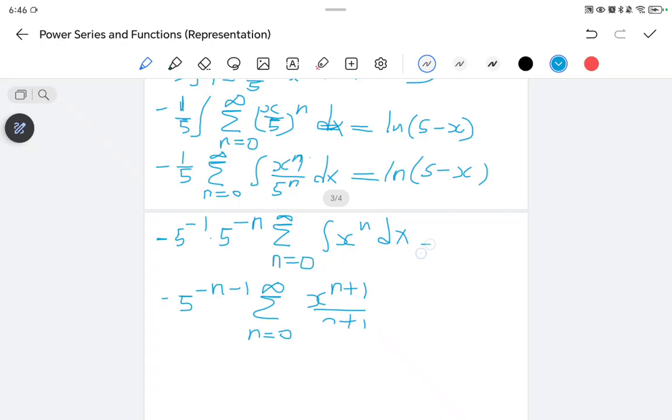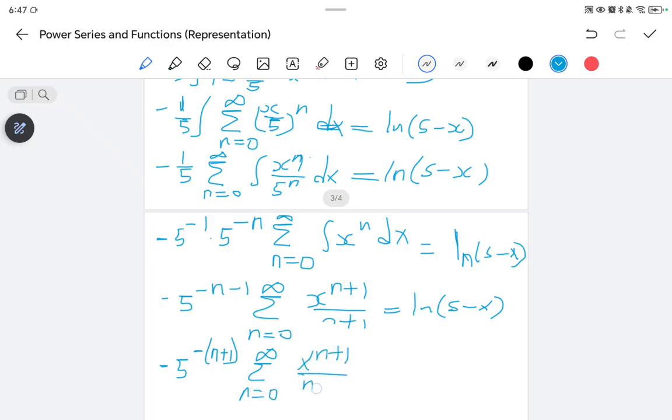And this we know is equal to ln of 5 minus x. Right? So, now this can be written as minus, let me factor out the negative there first, n plus 1. So I can take it to the denominator, right? Summation from n equals 0 to infinity of x to the n plus 1 over n plus 1.